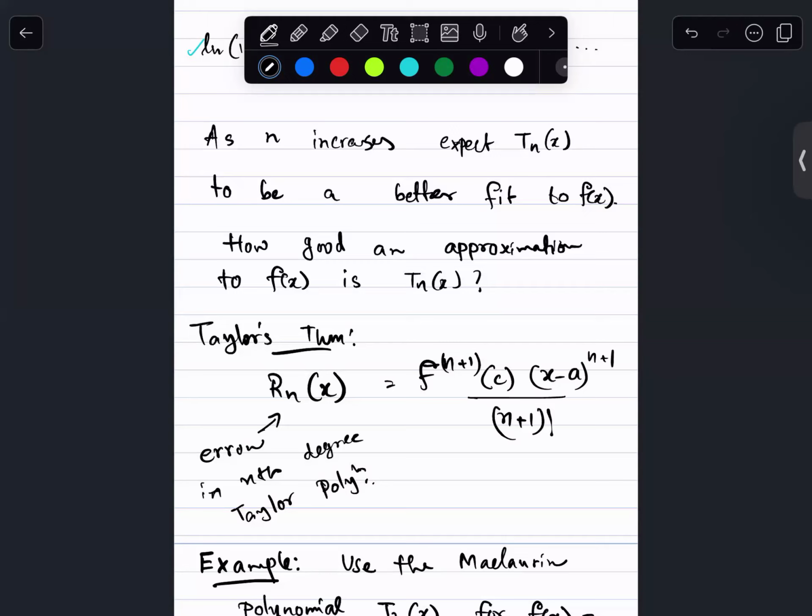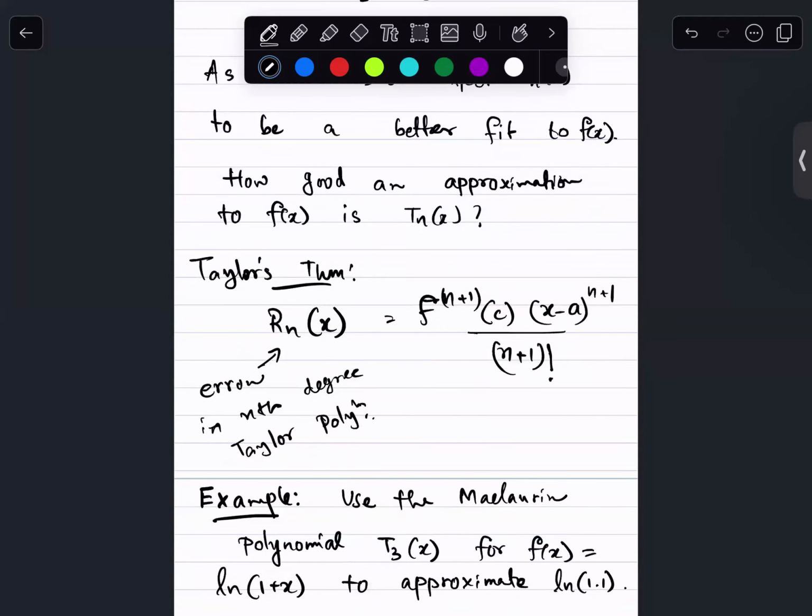Okay, this is the formula. And for the Maclaurin polynomial, your a will be 0.